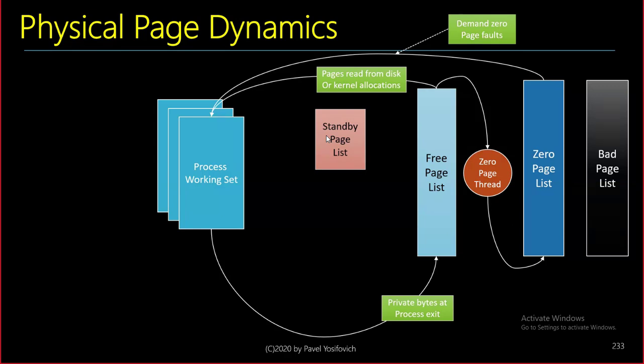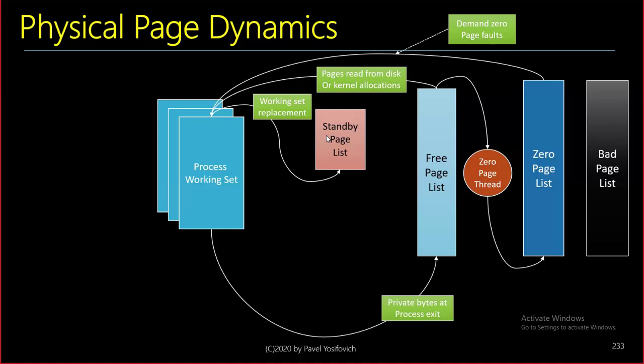Instead, the memory manager says, let's just put that onto a standby page list. It says, you haven't used that page for a while, so I'm going to put it one step closer to being thrown out, but it's not thrown out just yet. The standby page list still remembers the original process to which this memory belonged.